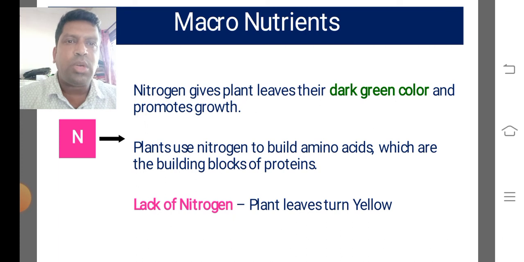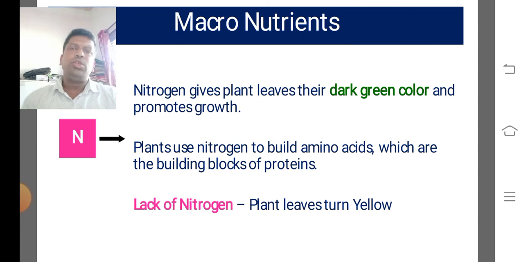The first nutrient is macronutrient. Nitrogen, it gives plants the dark green color. The leaves of the plants look very dark in color because of the nitrogen, and nitrogen promotes growth.